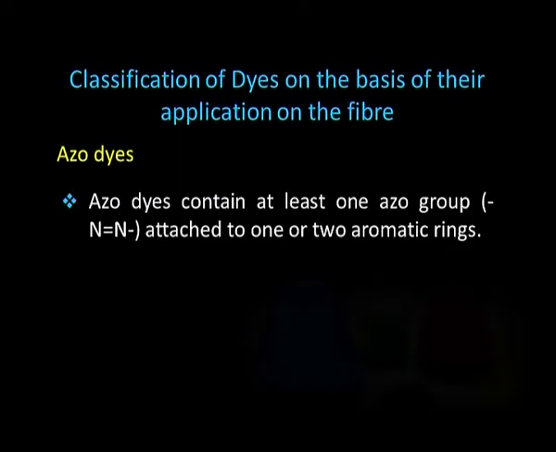Now, another class of dyes is azo dyes, which contain at least one azo group. Azo group is nothing but this N double bond N bond present in the molecule attached to one of two aromatic rings.